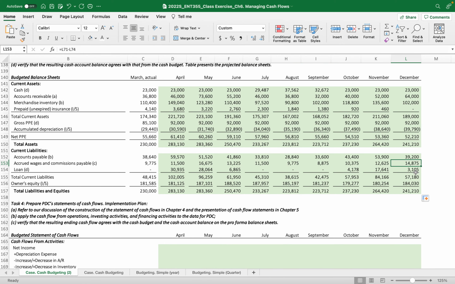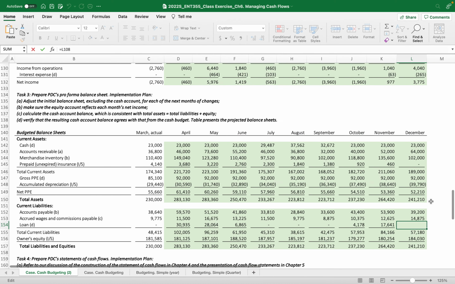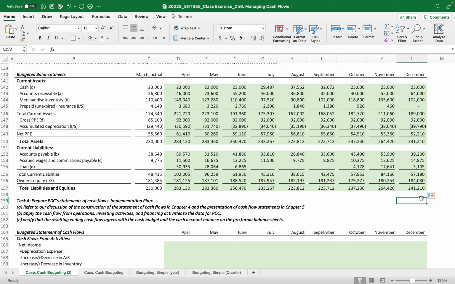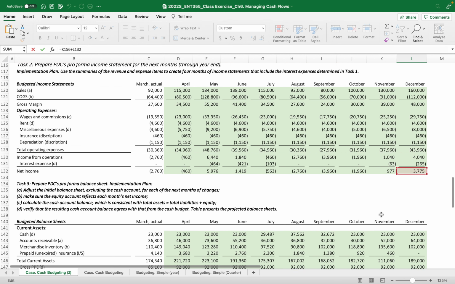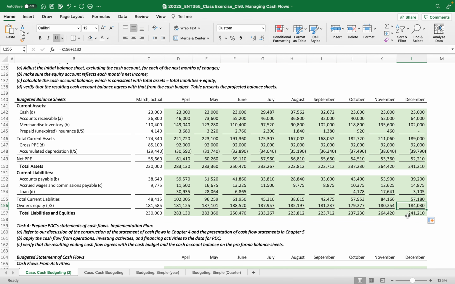Then we collect the remaining loan from the cash budget, and then finally the total liabilities and equities. And then the owner's equity increases every month by the net income or net loss of the current month. And then we balanced out.